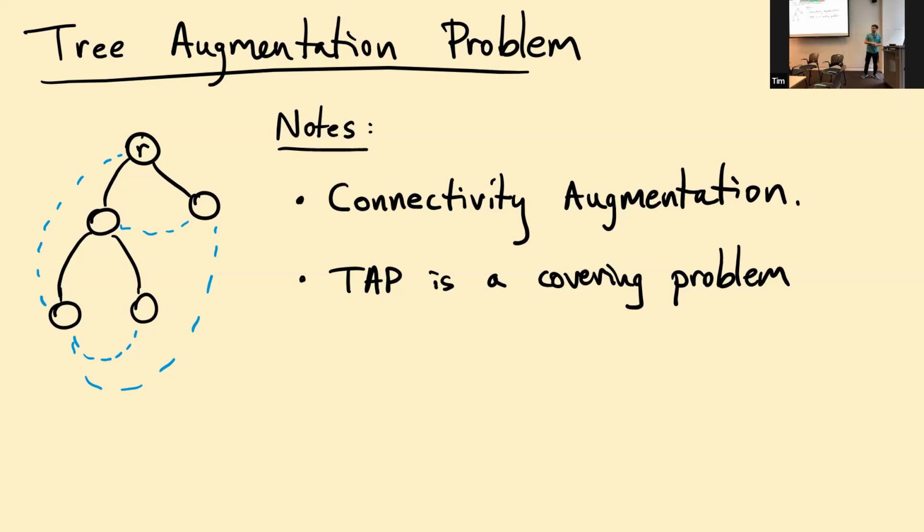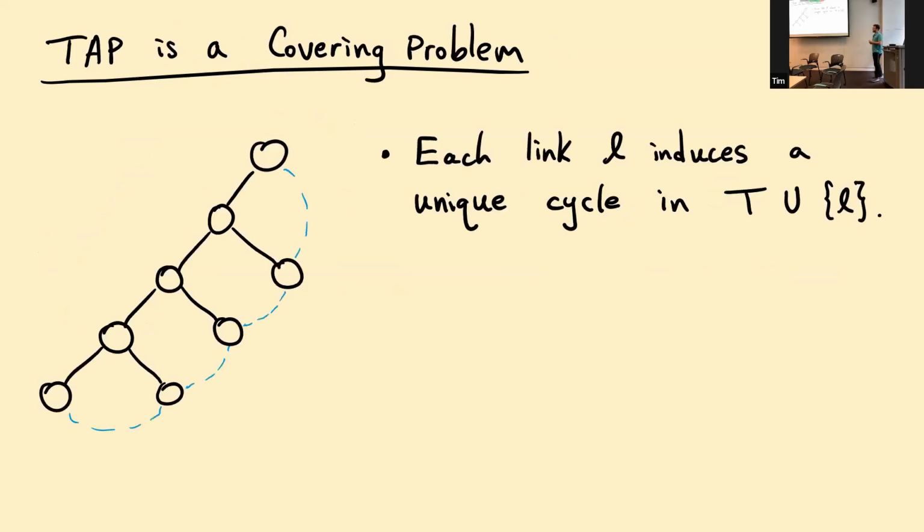Yeah, good question. So to get a bit of a flavor for TAP, I wanted to point out that it's actually a covering problem. Let's imagine we're trying to augment this tree. The black edges are the tree, and we can potentially add in these blue links. Each link that I might potentially add to the tree induces a unique cycle in the tree.